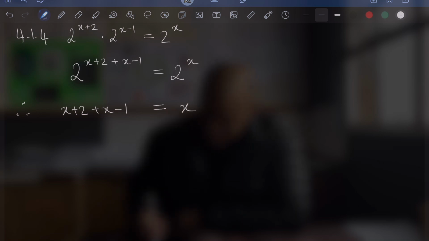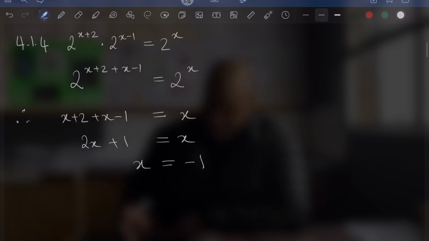And then it is simply a matter of adding up like terms. I've got x plus x on the left here, so that's 2x. And I've got 2 minus 1, which is 1. So let's just simplify. We can see things a bit better. I've got negative 1 on the right-hand side. I've got 2x minus x, which will give me x. So x is negative 1.